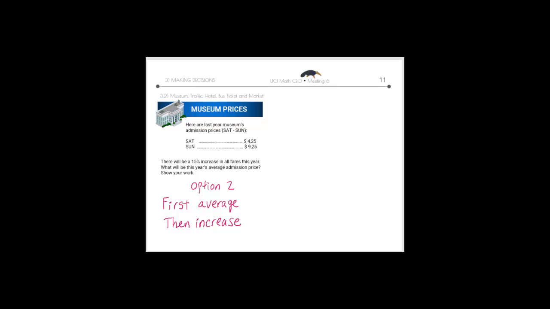So let's do it. Let's first do the average. So the average, we add 4.25 plus 9.25, and we divide this by 2. So that's 13.5 divided by 2. So what you want to do is divide 13.5 by 2.